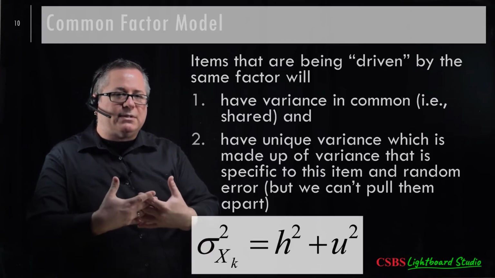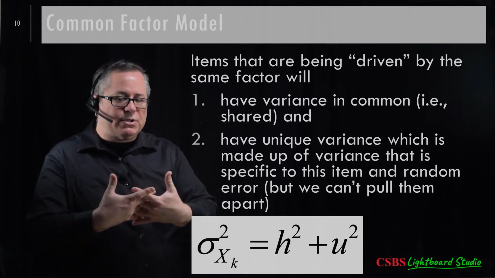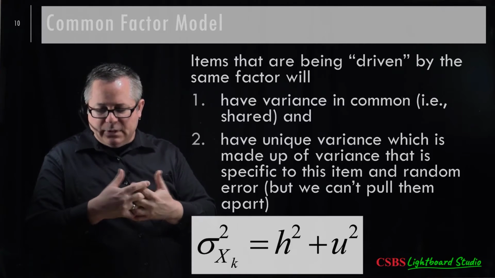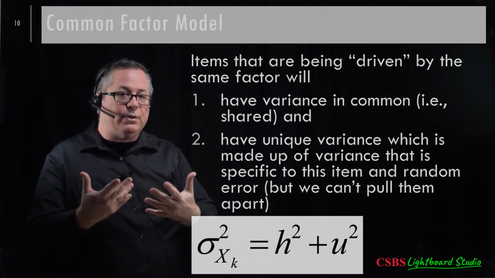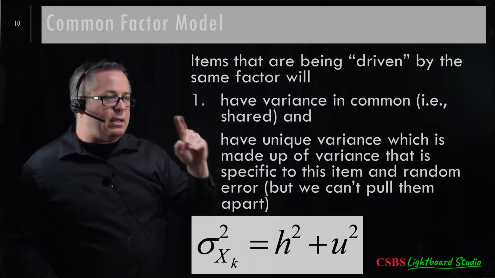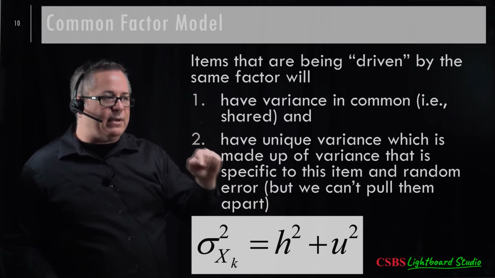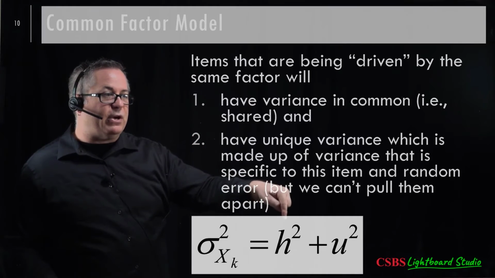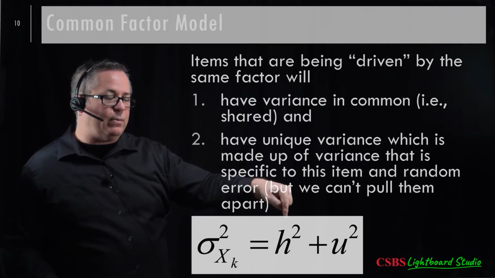The weight loss or eating differences question in a depression scale is a very good example of that. So it's very likely that that item is going to have three parts to its variance. There's a part that it shares with other depression items, right? That means it's because it's being driven by depression.